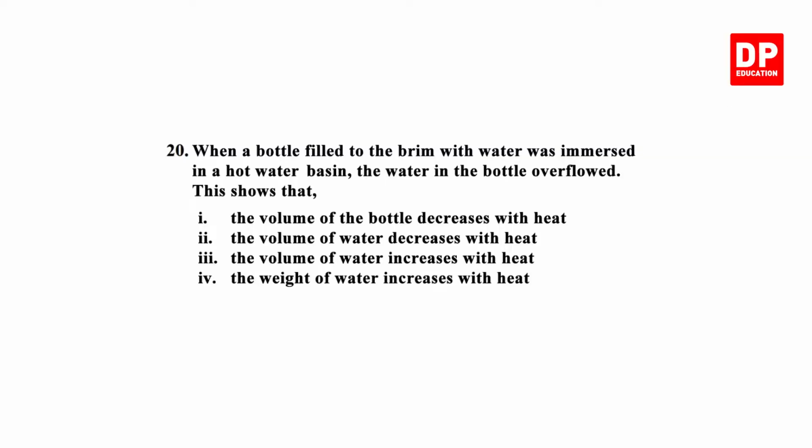Okay, right. Next one. When a bottle filled to the brim with water was immersed in a hot water basin, the water in the bottle overflowed. This shows that... Now here, a bottle filled to the brim, up to the mouth, with water was immersed in a hot water basin.